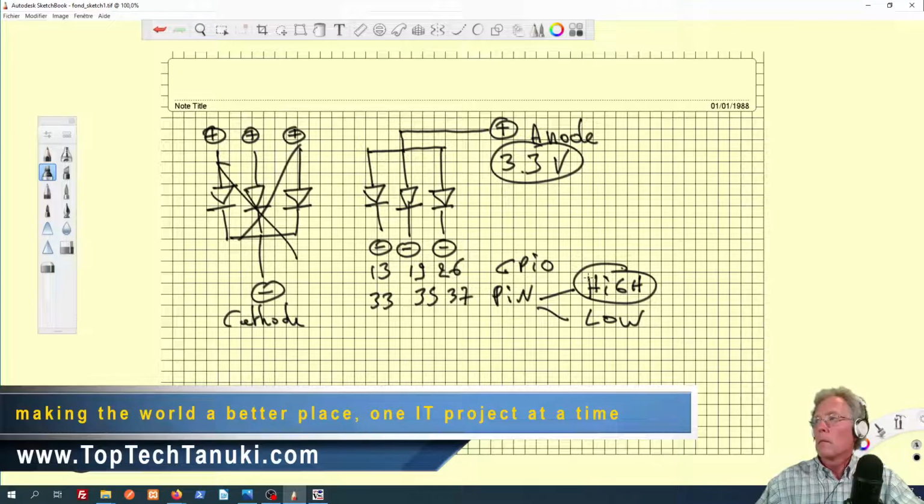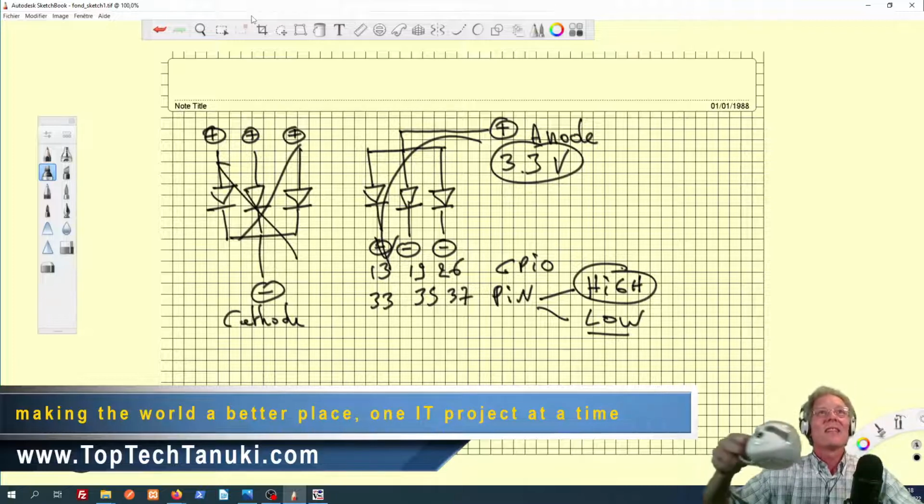When it is high, there will be no difference of potential between the two, and when it is low, the voltage here will be around 0, so the current can flow in the right direction. That's the idea. Hope it makes sense, and I won't burn my board.